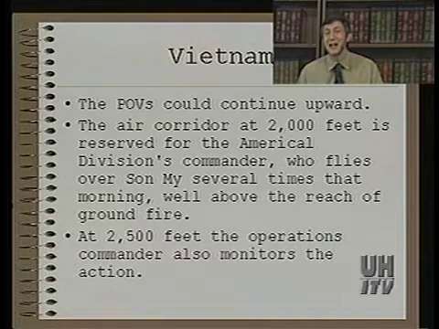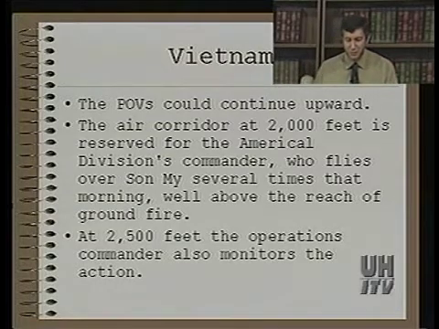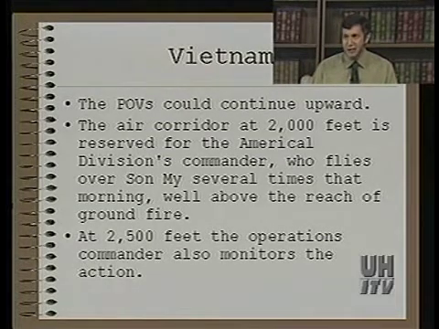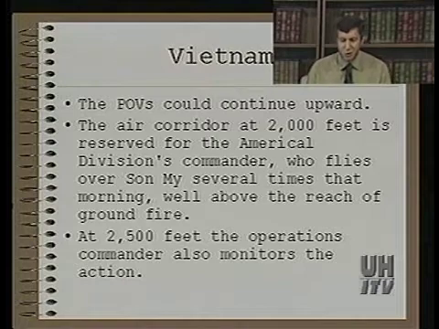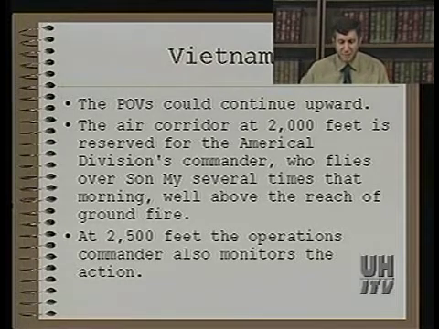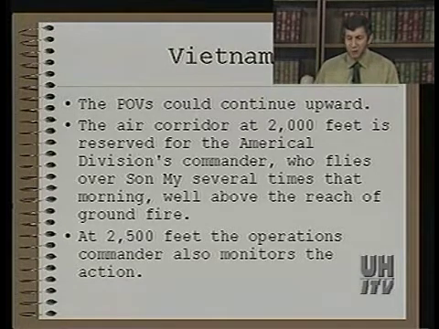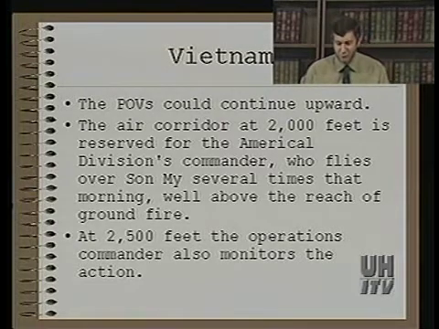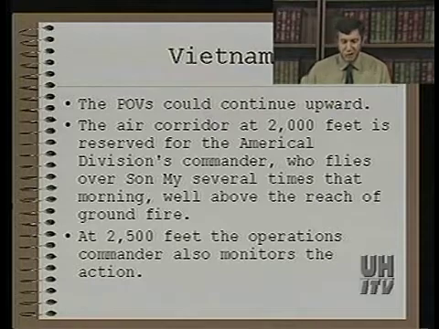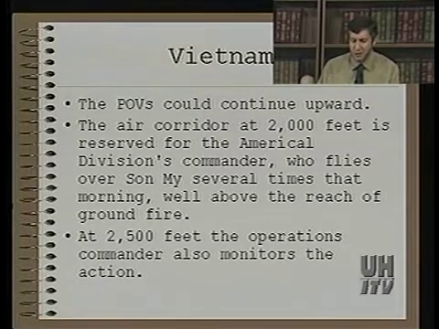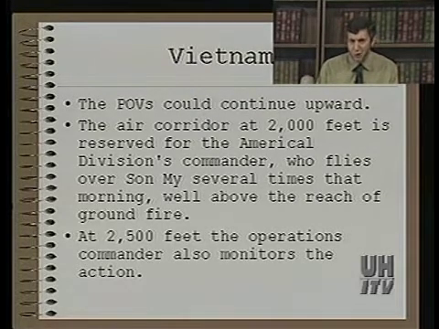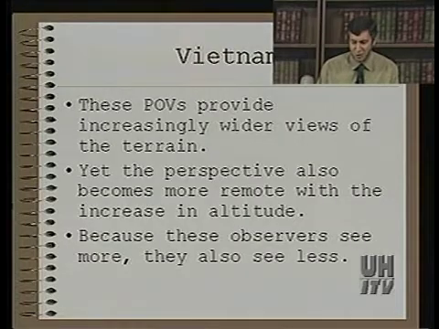Let's go up another 1,000 feet. The air corridor at 2,000 feet is reserved for the Americal Division's commander, who flies over the hamlet several times that morning, well out of reach of ground fire. At 2,500 feet up, the operations commander also monitors the situation.